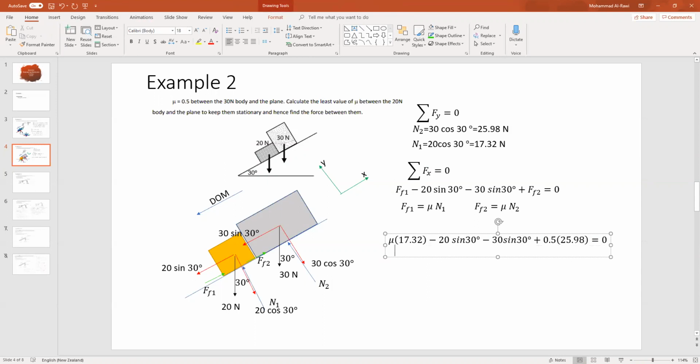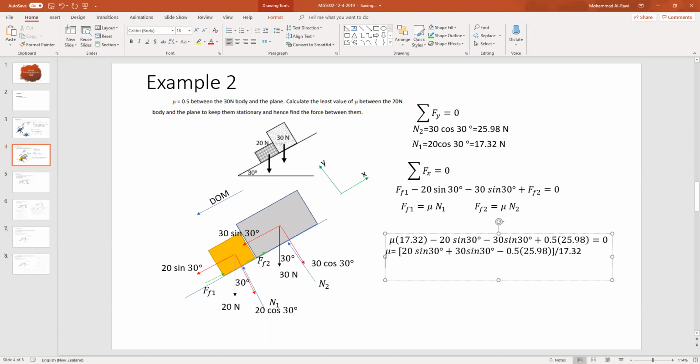Now I'll give you time. Can you tell me what's the value for mu? If you're confused, I'll show you how it works in your calculator. You bring these together. This will be plus. This will be minus because we're shifting them to the other side, and use square brackets, divided by 17.32.